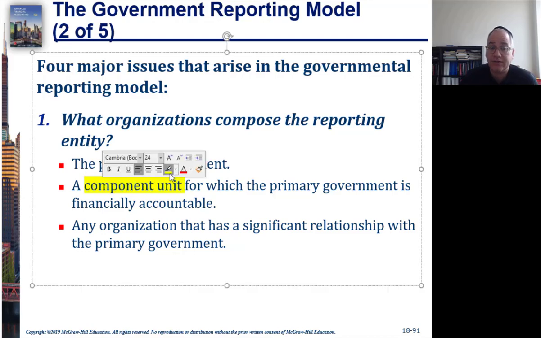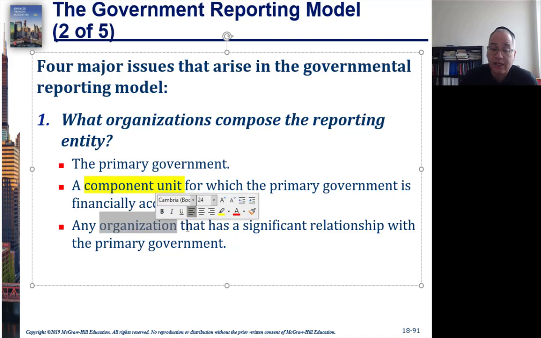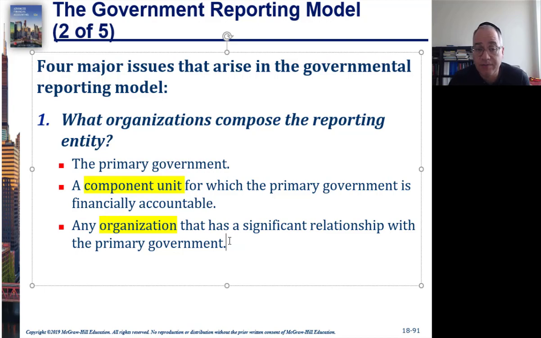We'll talk about what that is. And then an organization where there's a significant relationship with the primary government. In other words, you may have an organization that is partially run by the government and partially run by, say, a not-for-profit organization, but it acts as a tool of the government, and therefore it would be included. And we'll talk about the criteria.